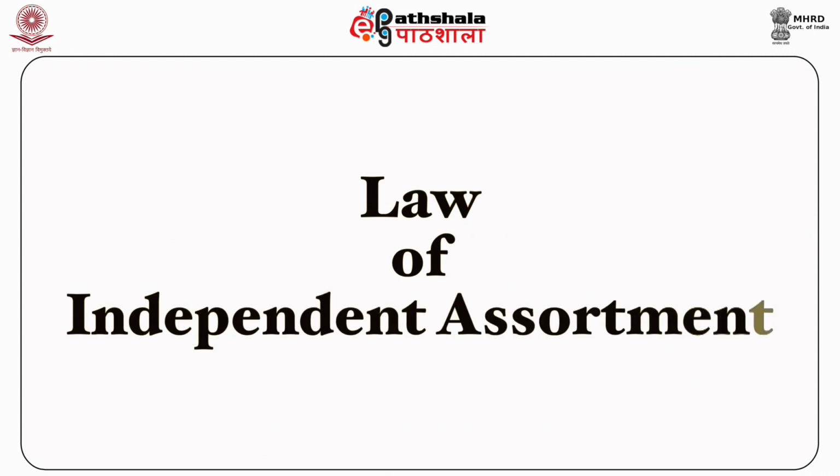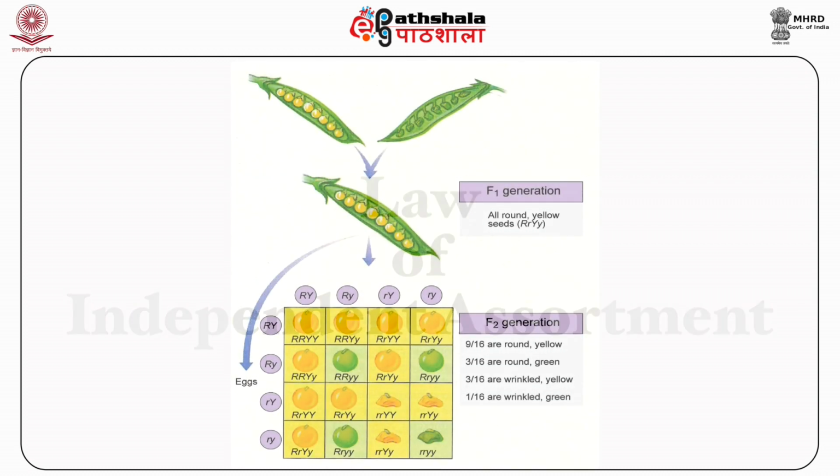Let us learn in detail about the law of independent assortment. Mendel considered a dihybrid cross, that is, smooth seed and yellow cotyledons crossed with wrinkled seed and green cotyledons. Mendel's third law states that the alleles for different characteristics are distributed to reproductive cells independently.